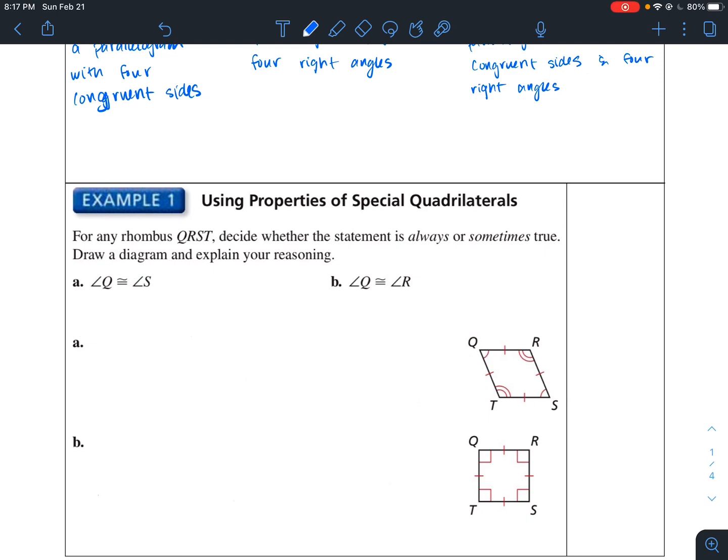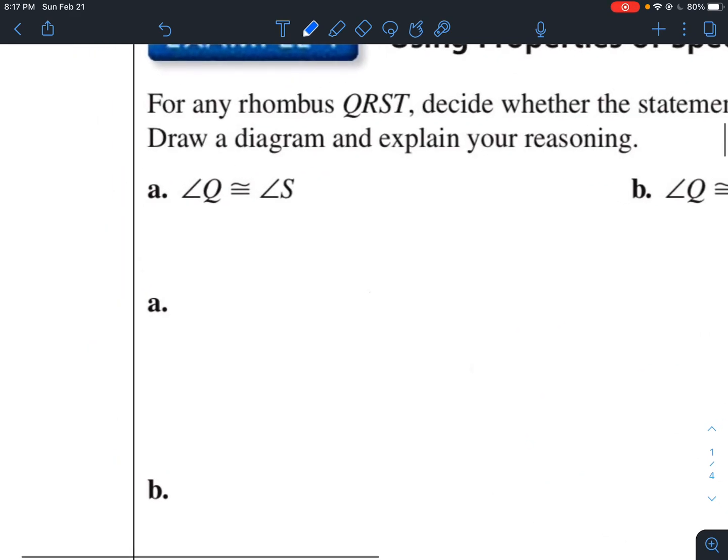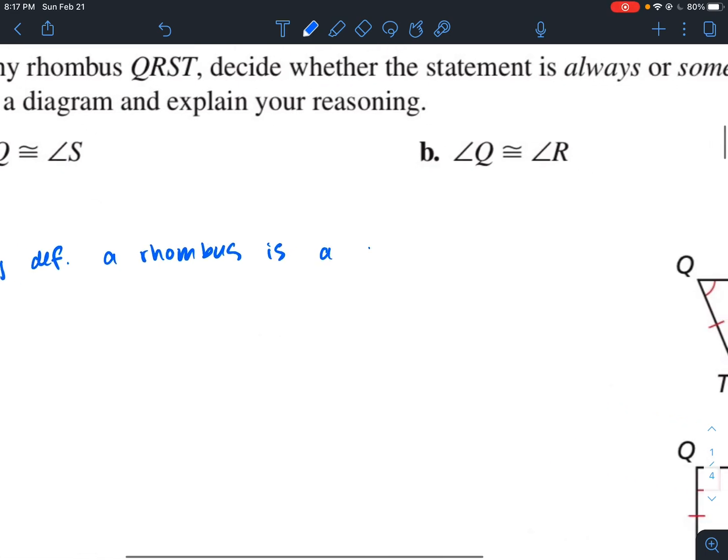By definition, a rhombus is a parallelogram. So I know that.